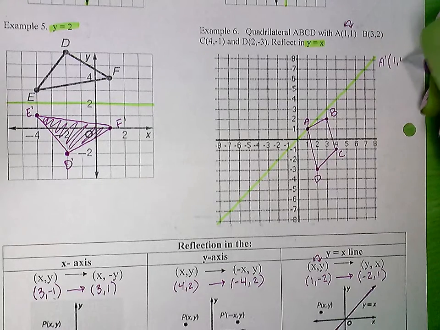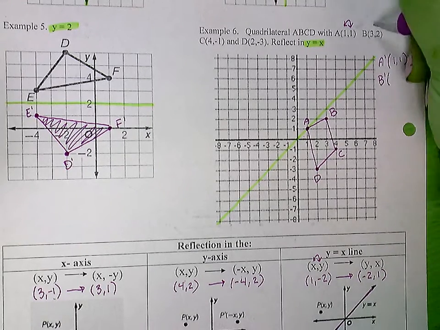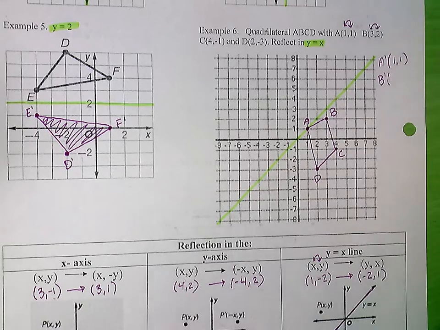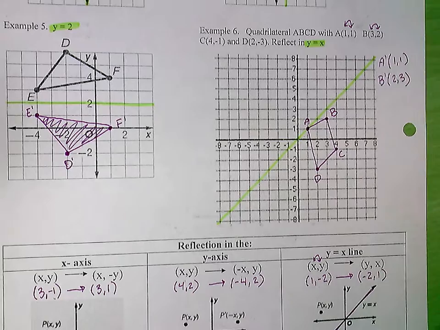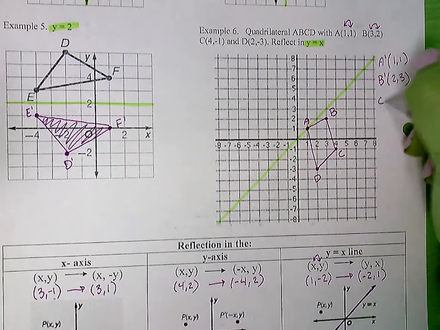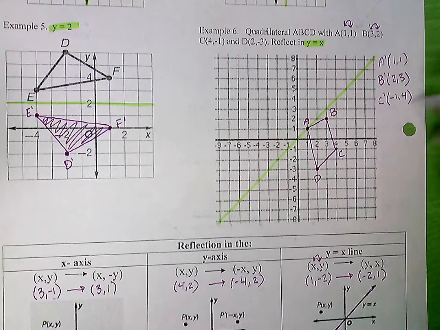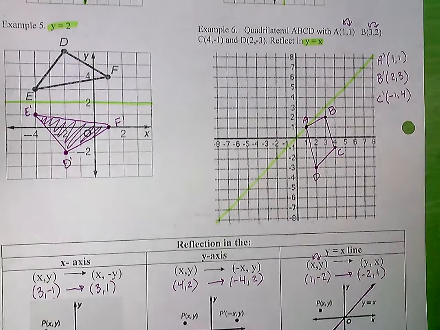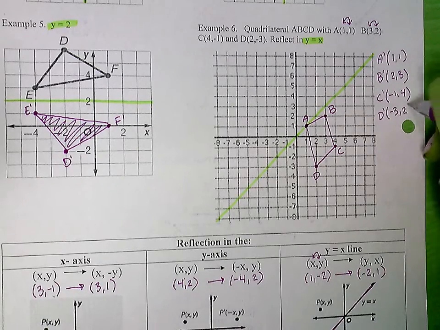So this one will stay at 1, 1. B prime, again flip-flopping those values, will be at 2, 3. C prime will be at -1, 4. And D prime will be at -3, 2.